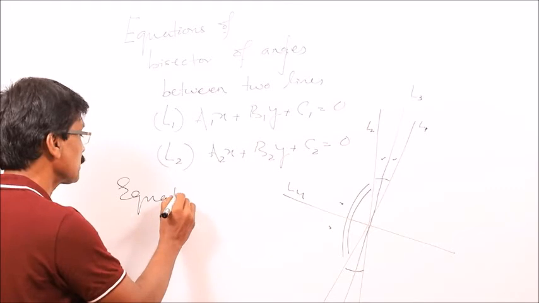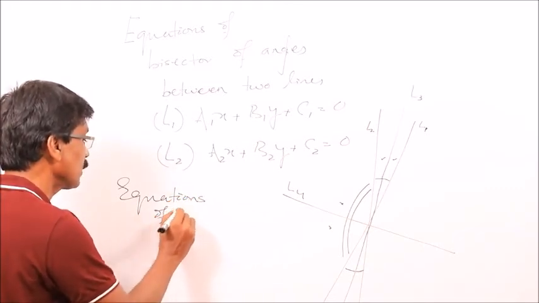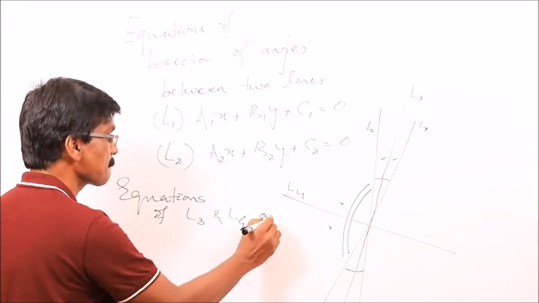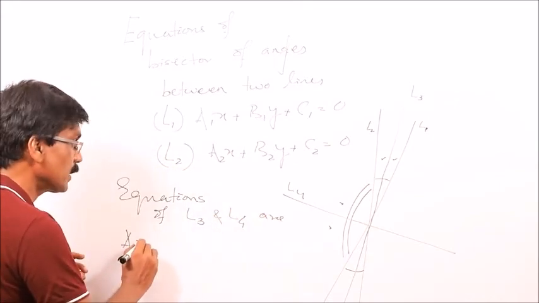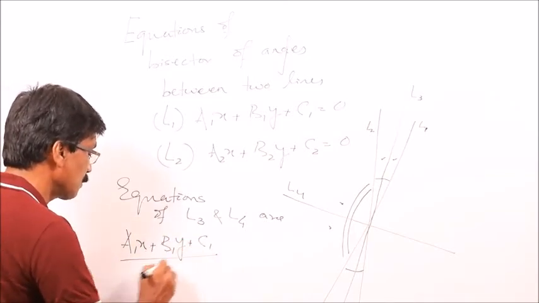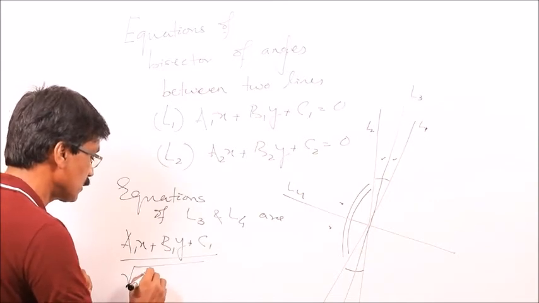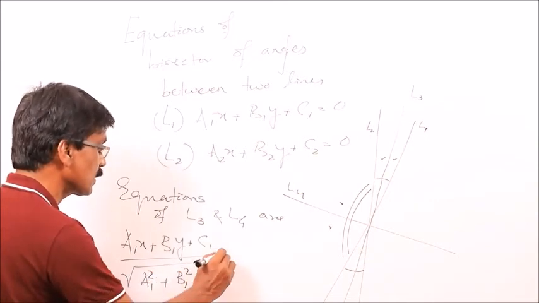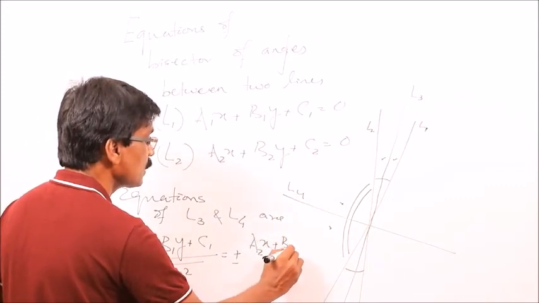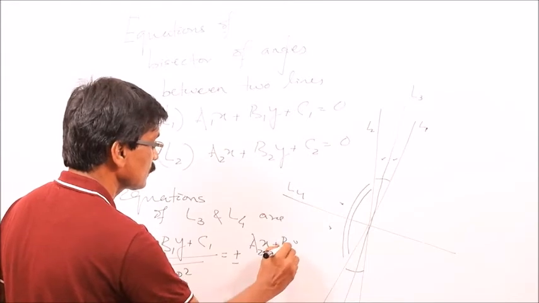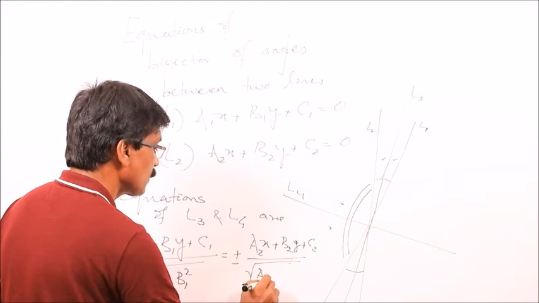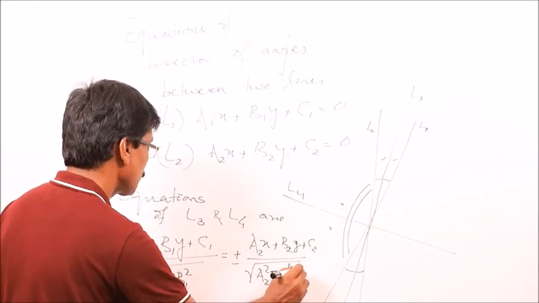Then the equations of L3 and L4 are A1x plus B1y plus C1 by root over of A1 square plus B1 square is equal to plus minus A2x plus B2y plus C2 by root over of A2 square plus B2 square.